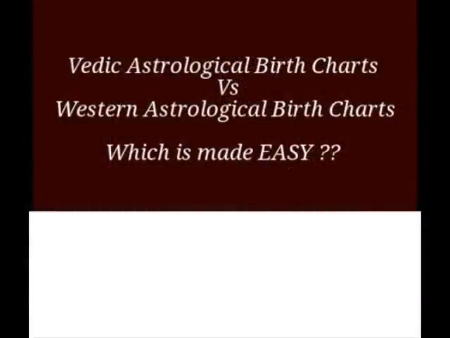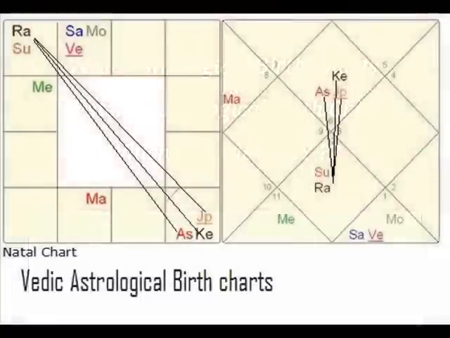This is just to show you how different the Vedic astrological birth charts are from Western astrological birth charts. Same thing goes here. If you see the Vedic astrological birth charts of South Indian and North Indian formats, which I mentioned, and compare with the Western astrological birth charts, you can see clearly the aspects of Rahu there.